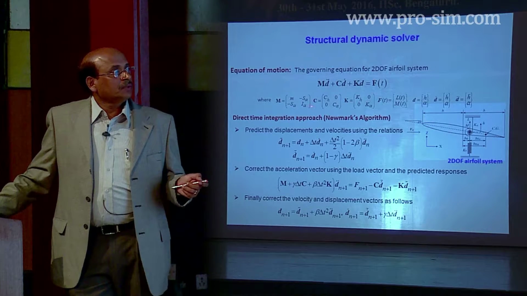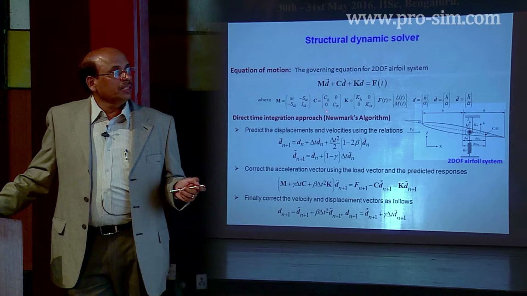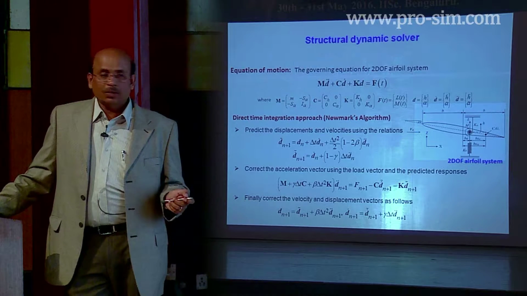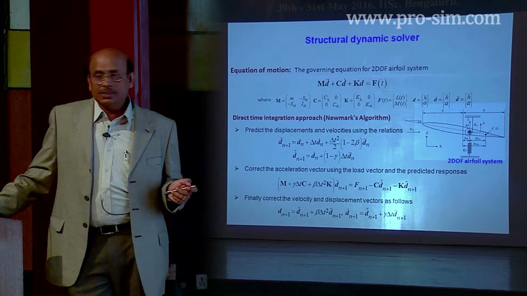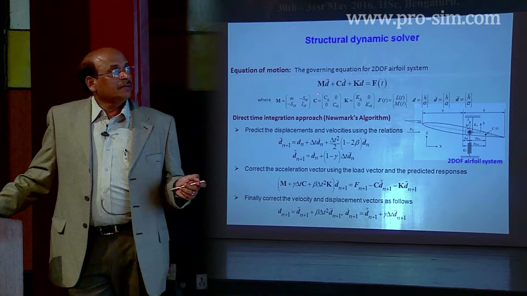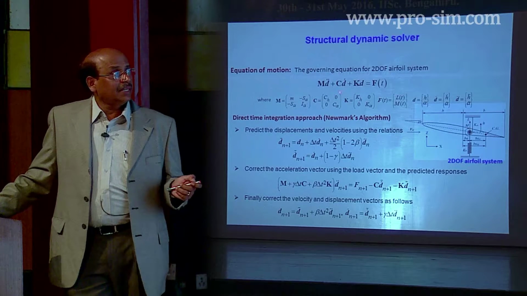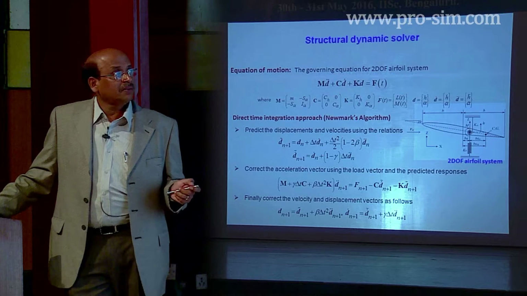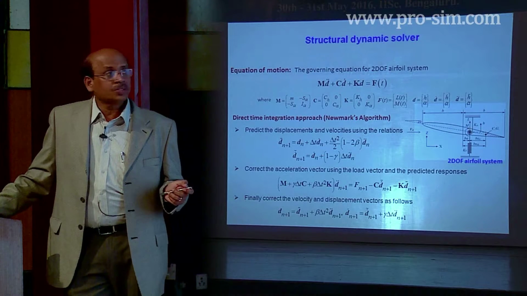Then we go through a numerous iterative algorithm for solving this equation, where M represents the mass, C represents the system damping, and various system damping models can be used.